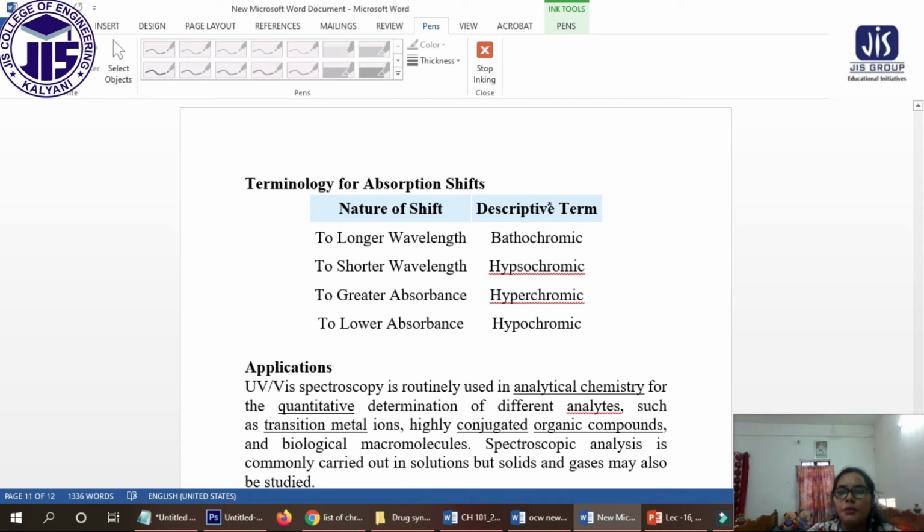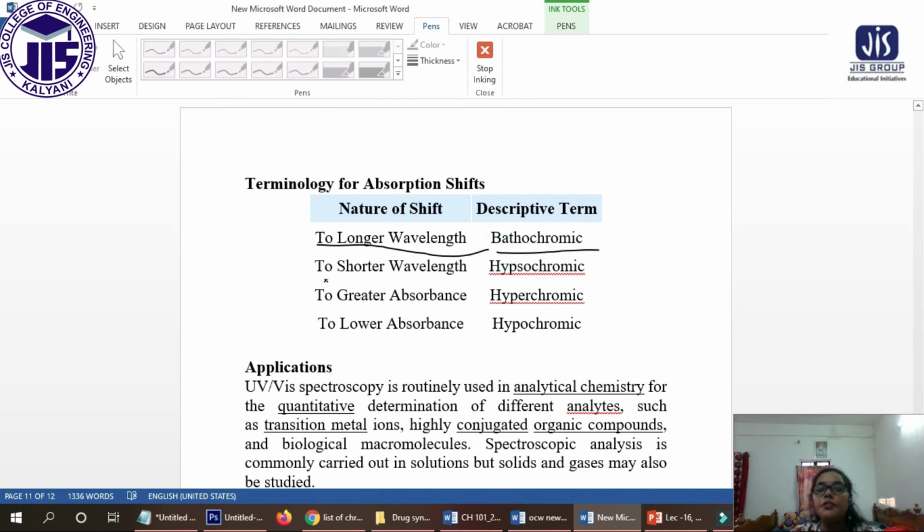Terminology for absorption shifts, the nature of the shift and descriptive term. If in our molecule we have such a functional group, due to whose presence the shift will be to a longer wavelength, that is called the bathochromic shift.